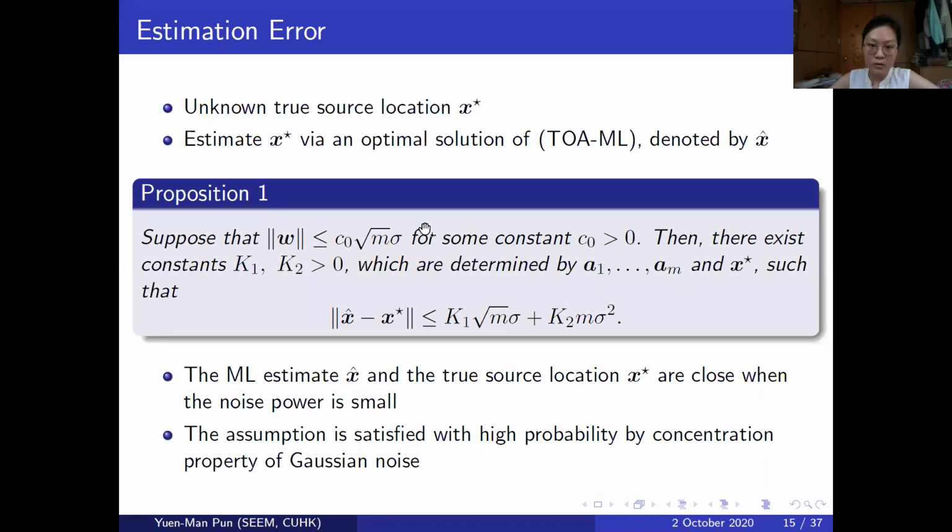Here we only impose one assumption, on the noise. W is the noise, and we assume that the norm of the noise is upper bounded by some constant times the square root of m times sigma.